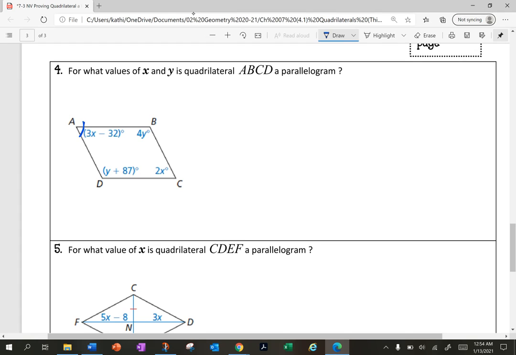I know angle A and angle C are congruent, and angle D and angle B are congruent. So I'm going to set up two equations: 2x equals 3x minus 32, and 4y equals y plus 87.